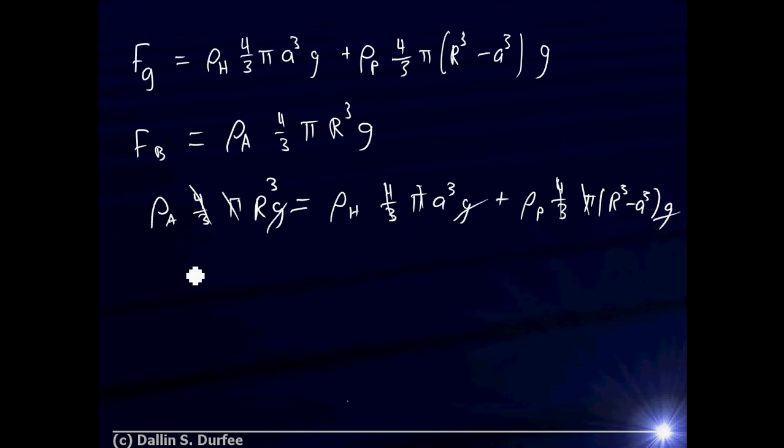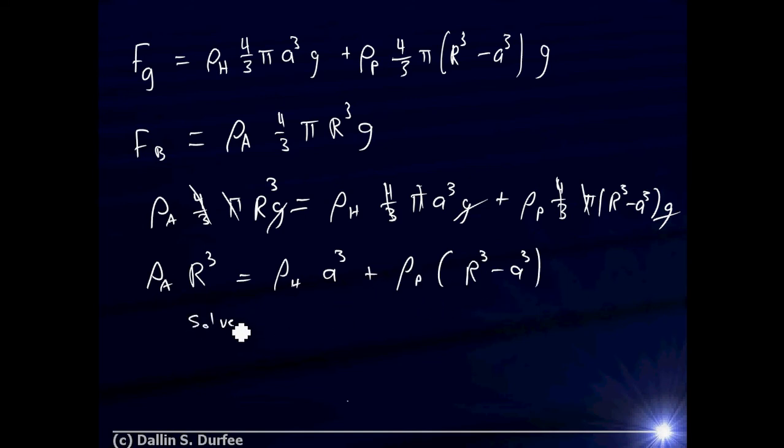There we go, and then we're just left with the density of air times the outer radius cubed is equal to the density of helium times the inner radius cubed plus the density of plastic times the difference between the outer radius cubed and the inner radius cubed. So this equation we ought to be able to solve. We can solve for a cubed, then take the cube root, and that'll give us a. Once we have a, we know the thickness of our plastic is just the outer radius minus the inner radius.